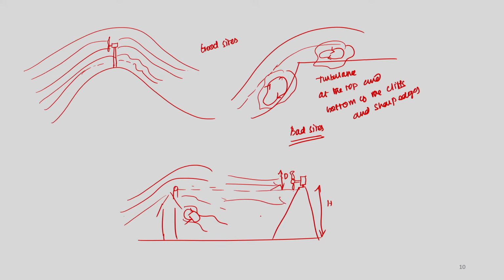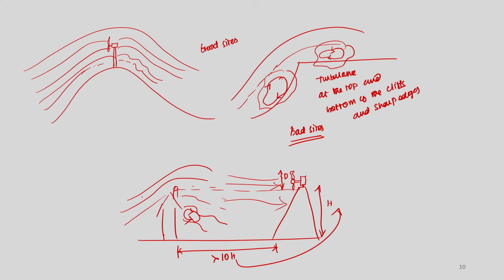Here the general rule is that the distance between the obstacles and your windmill should be greater than 10 times the height of the tower. The distance between any such obstacles and the windmill should be greater than 10H, where H is the height of the windmill.